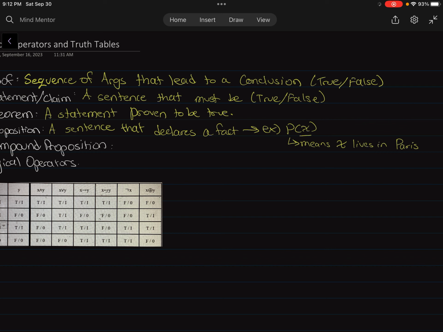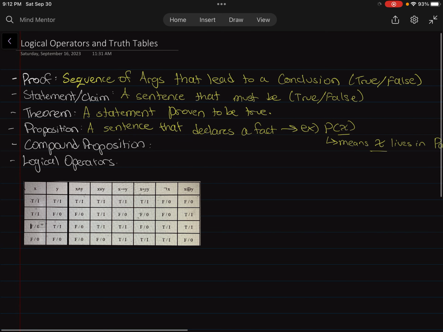So basically, it's an input that we give into this proposition. Proposition in a mathematical sense is sort of like a function. So again, this is something that is objectively true or false. So for example, if x lives in Paris, then this is a statement that is objectively true. If x does not live in Paris, it's a statement that is objectively false.